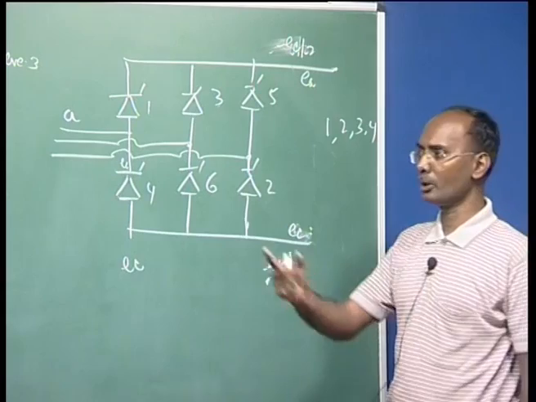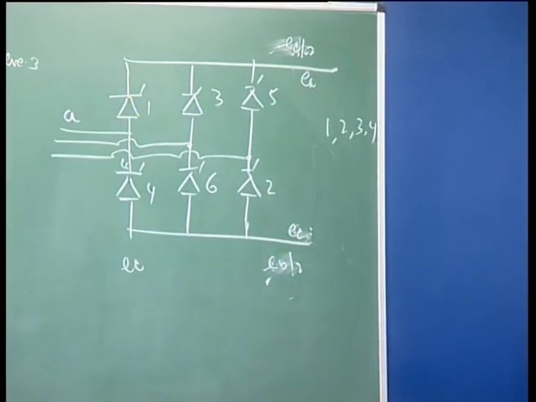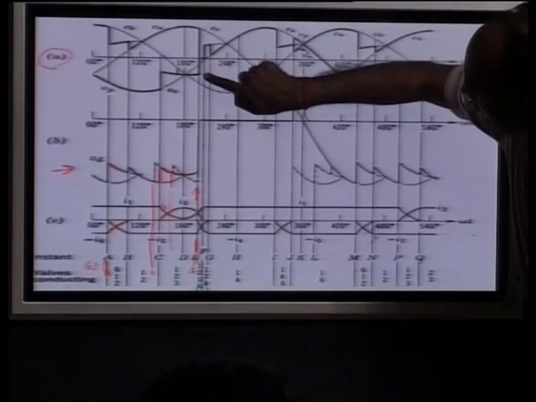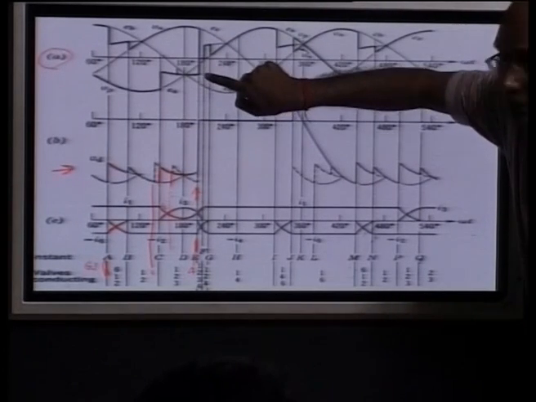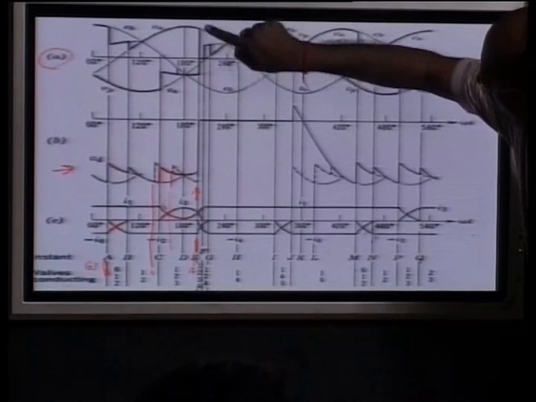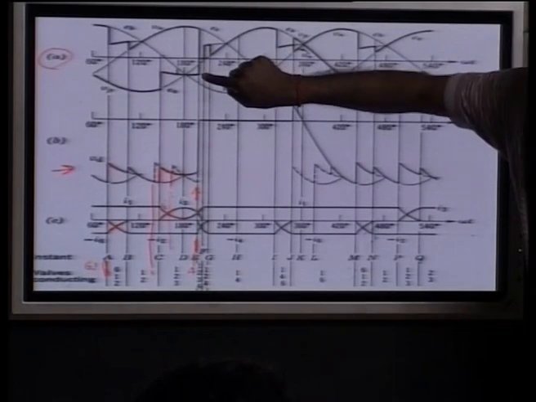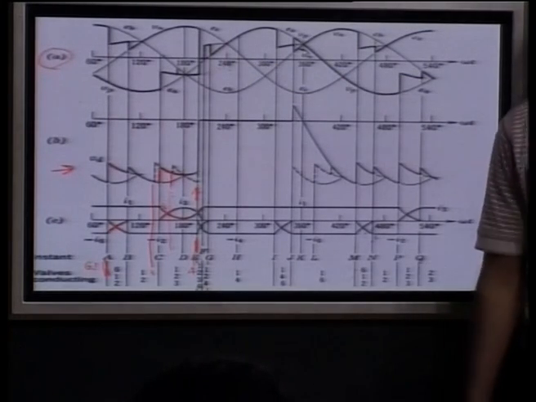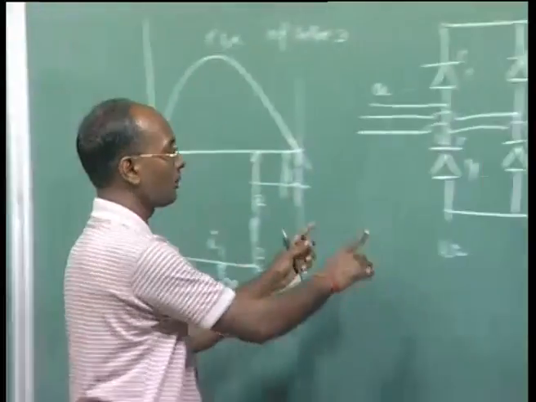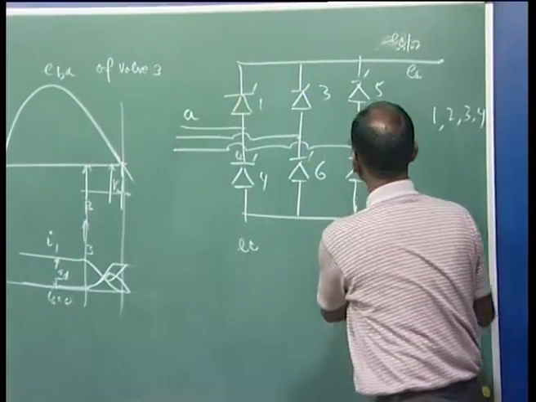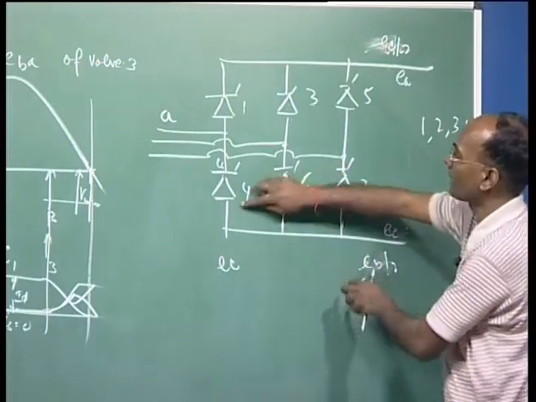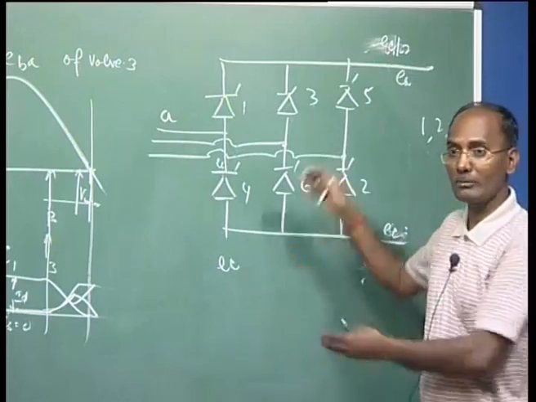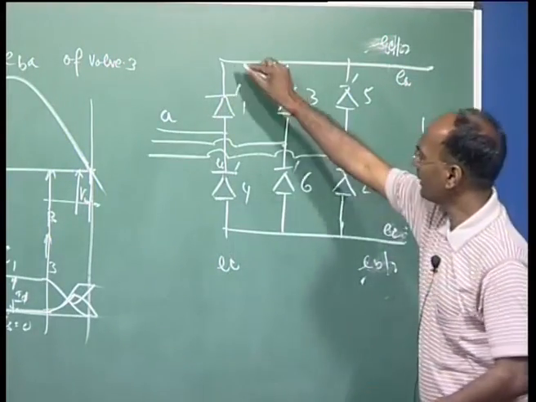At this point both will be equal. If both are not equal, then it will not be 0. Whatever commutation takes place here, it is minus EB by 2, and this will also be EB by 2, because there is a dead short circuit appearing here. So both positive and negative should be the same, otherwise the difference is not 0, because this is a dead short circuit here.